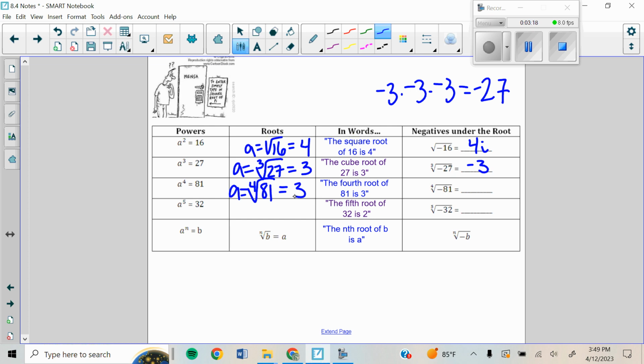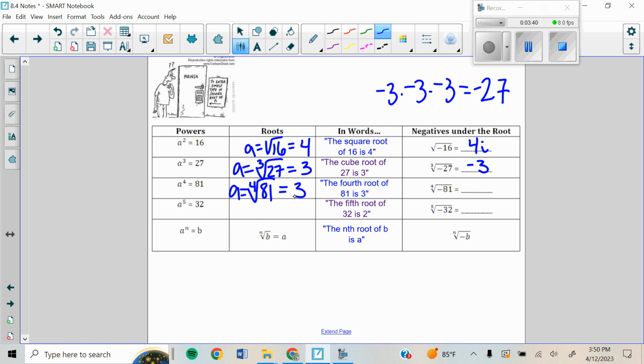Now, if we look at negative 81, you cannot take a 4th root of a negative number. You can't take an even power root, 2, 4, 6, 8, 10, of a negative number. There is no negative number that I can multiply an even amount of times and end up with a negative number.